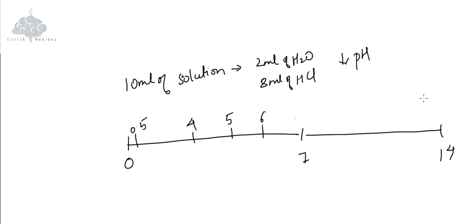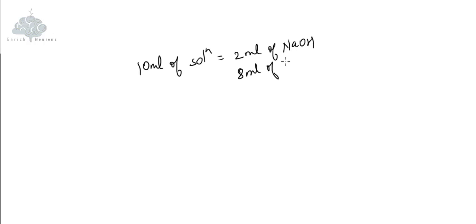Now consider, instead of taking an acid, I am taking a base. In 10 ml of solution, I add 2 ml of NaOH and 8 ml of water. Since it's a strong base, it would have a pH of around 12 to 13.